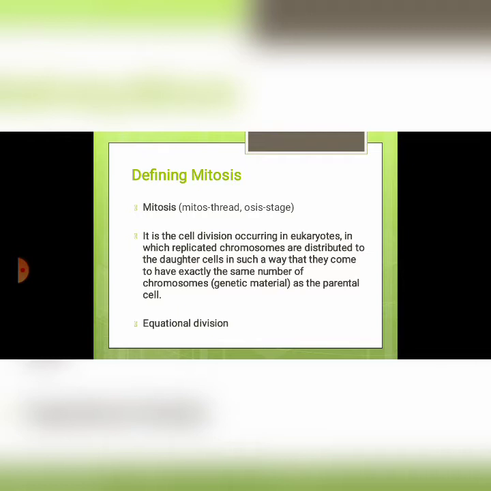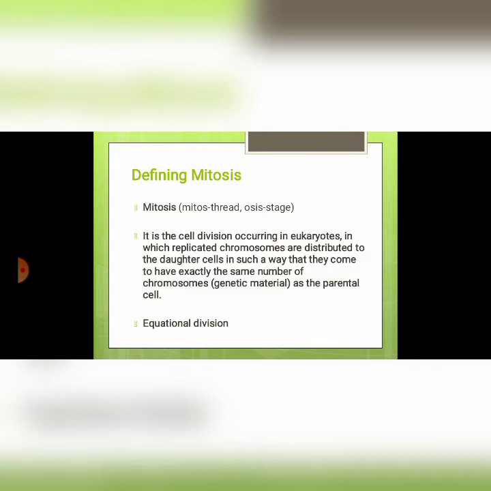Let's see the definition of mitosis. The term mitosis is a Greek word. It is derived from two words, where mitos means thread and osis means stage. So you can see chromosomes with a thread-like appearance in the initial stage of division. Mitosis is defined as a cell division occurring in eukaryotes in which replicated chromosomes are distributed to the daughter cells in such a way that they come to have exactly the same number of chromosomes as the parental cell.